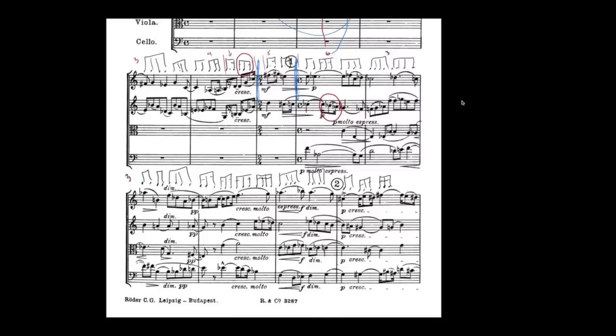So those are straight 16ths again. These are straight 16ths also. You know, if nothing else, this really helps you kind of get to know the piece.